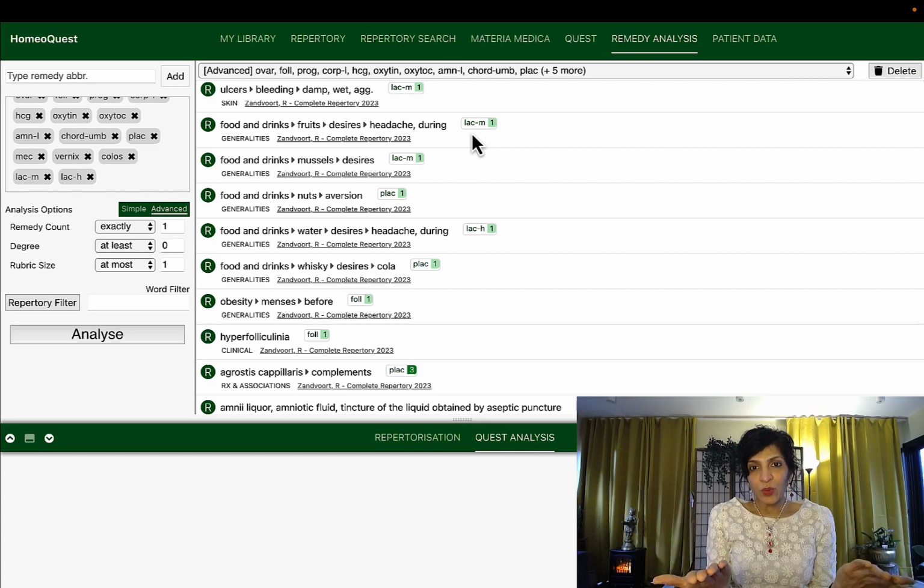And progesterone is not well proved, but this is based on clinical information of working with cases that you understand where it's coming from.